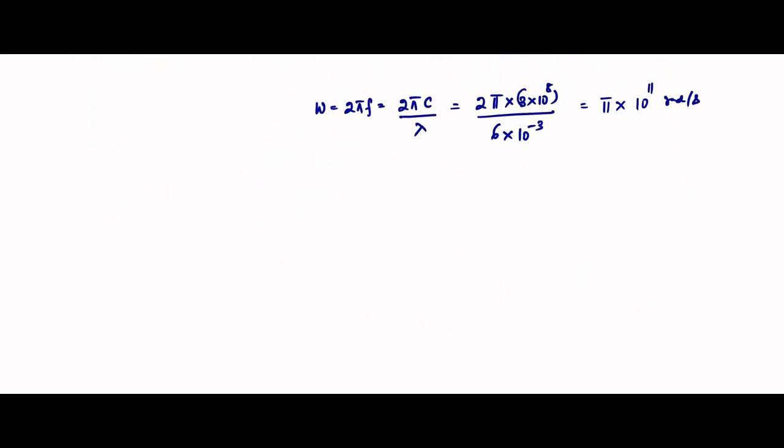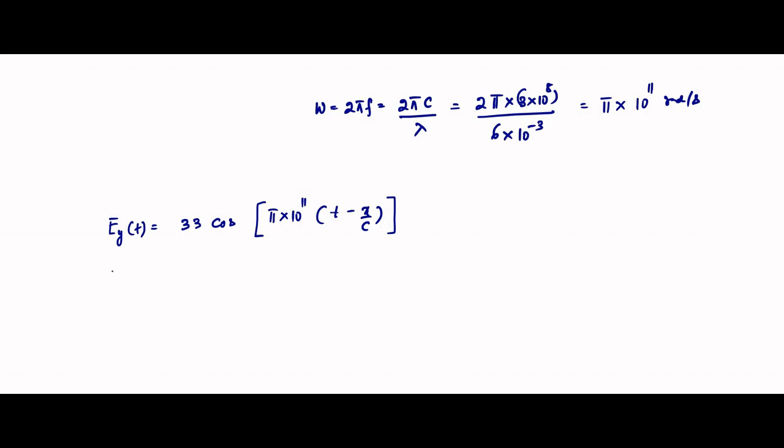So first is the electric field equation, E_y as a function of t and x. It is equal to E0, which is 33 volt per meter, cos(pi into 10 to the power 11, which is omega, into t minus x by c). Okay, c is equal to 3 into 10 to the power 8, I am just writing it as c.